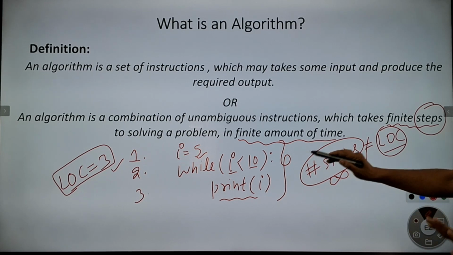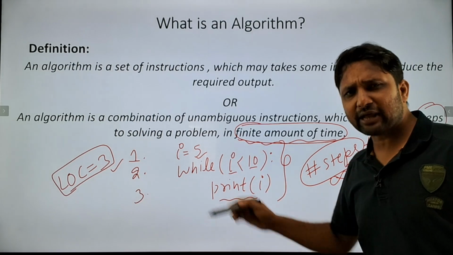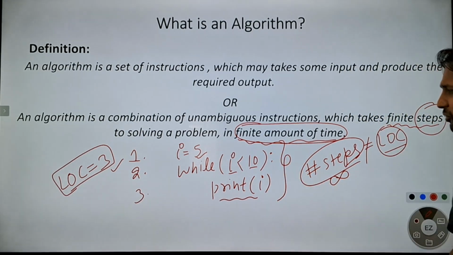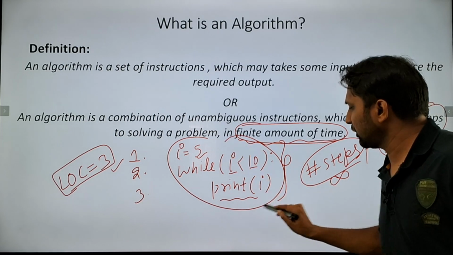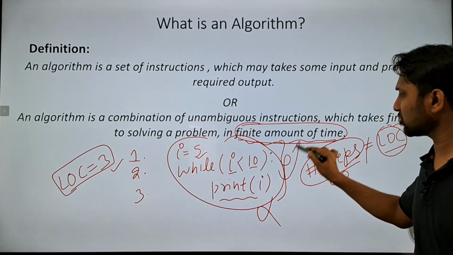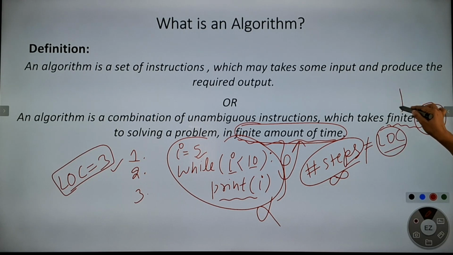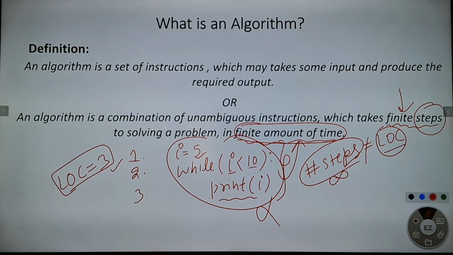So this code is taking infinite steps as well as infinite time to execute. It will keep executing. So first of all, I can say that this is not an algorithm at all, because it is not satisfying the properties of an algorithm. These two properties are not satisfied over here. This code is taking infinite time and infinite steps to execute.